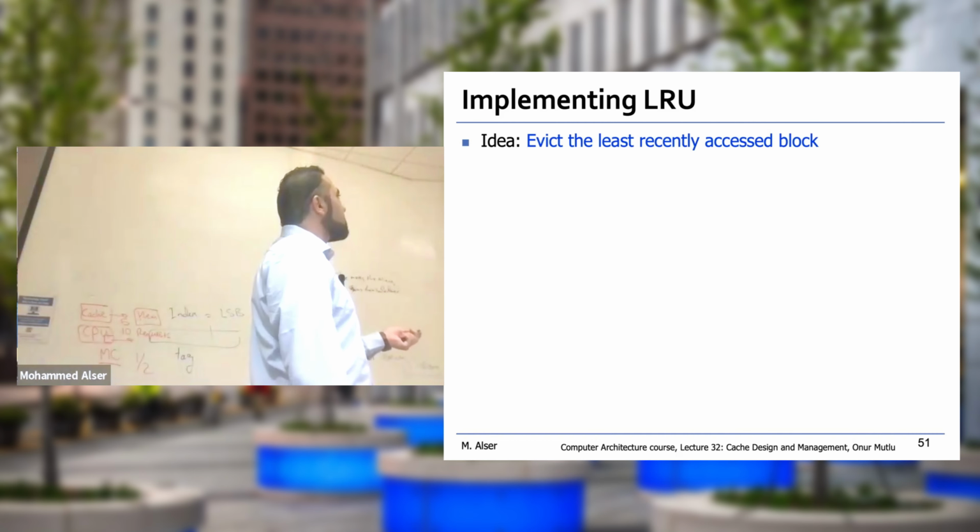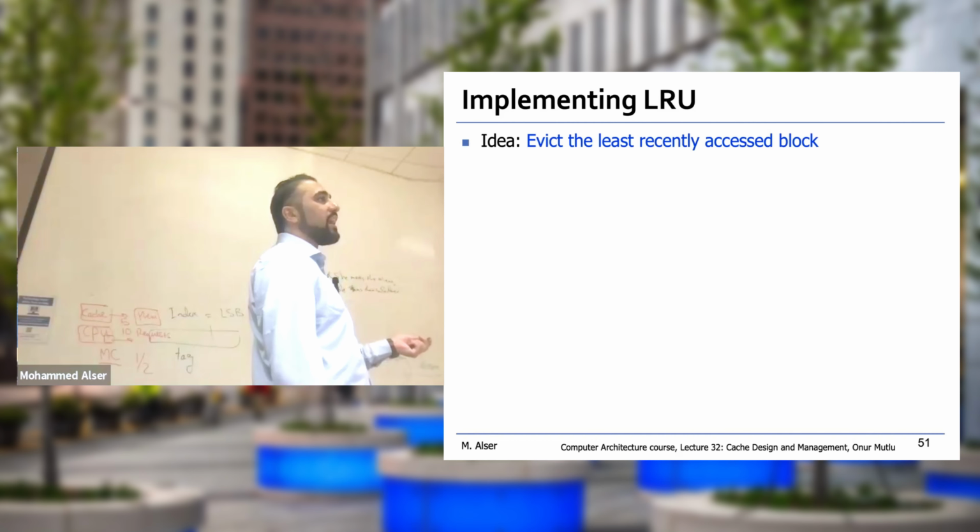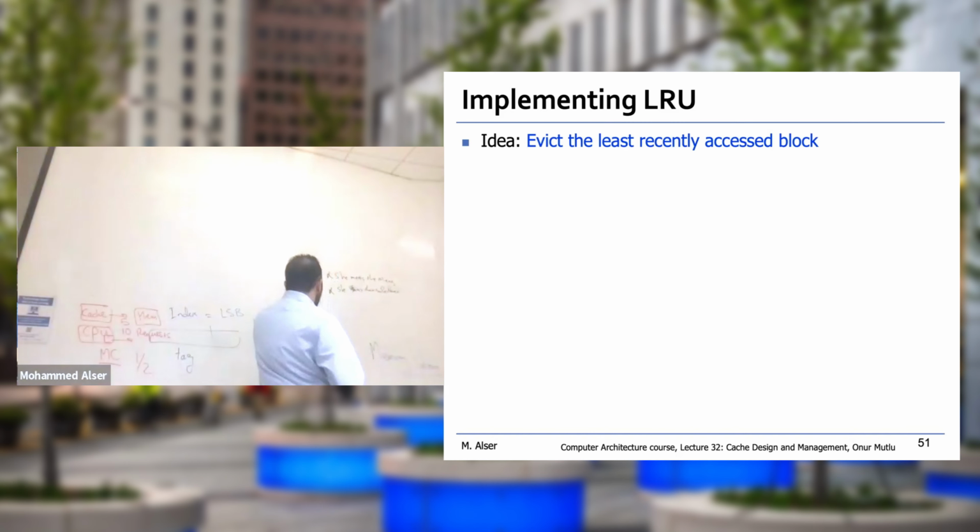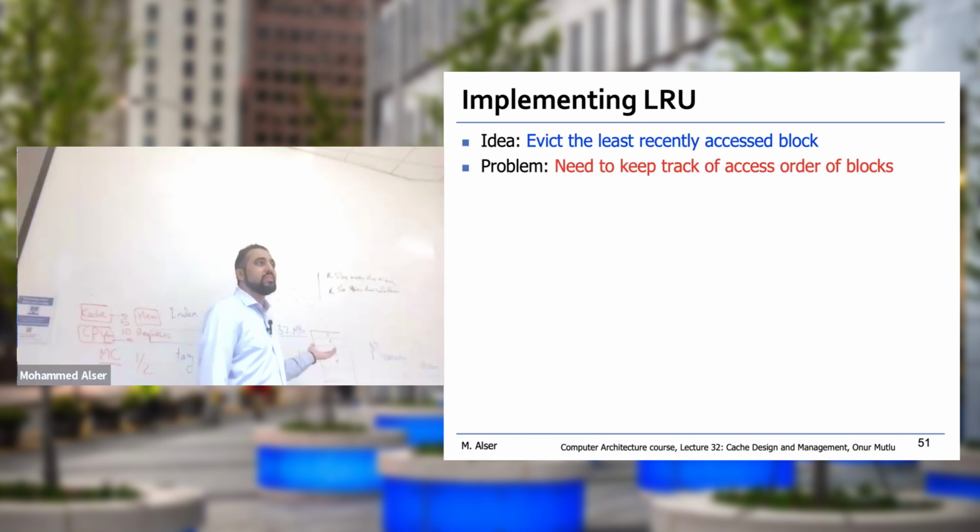Evict the least recently addressed block. So you go over the set. If it is full, you check which one was accessed recently, less recently, until I decide which one was least recently accessed, and then I just replace it with a new block. That's it. That's in case we have a miss, basically.